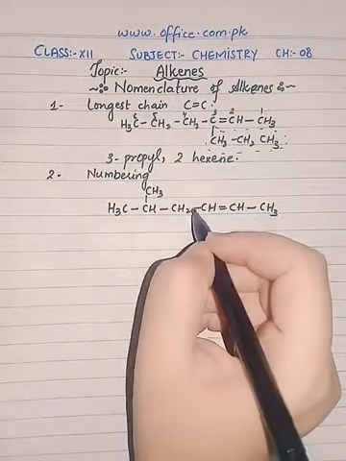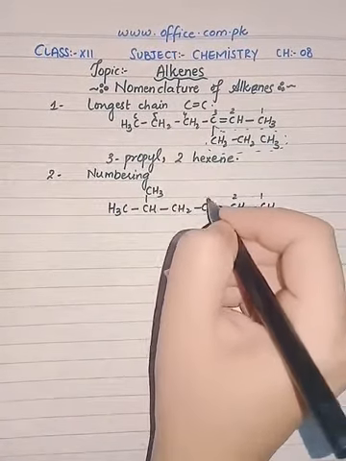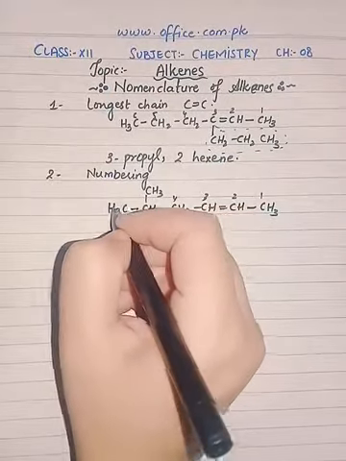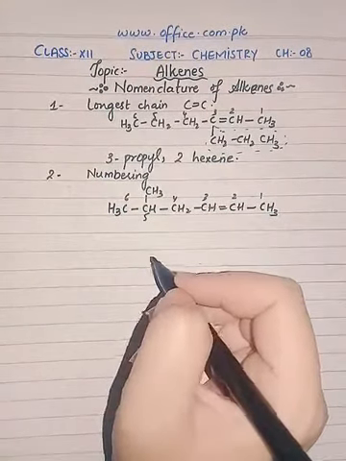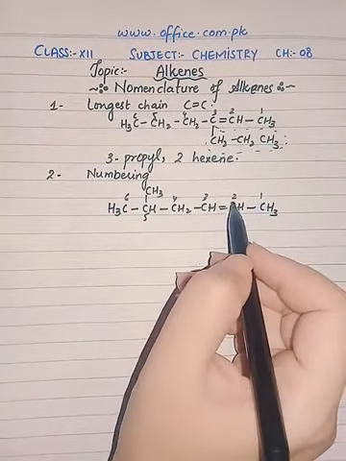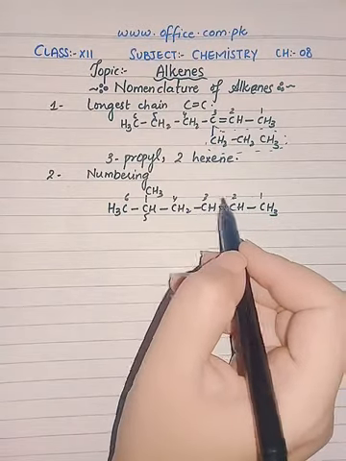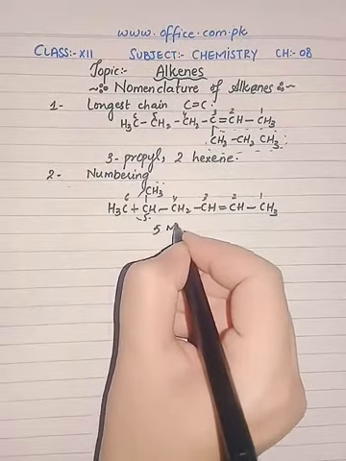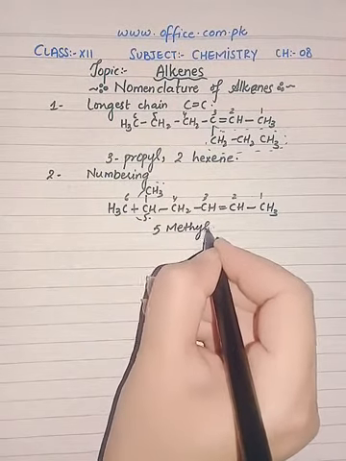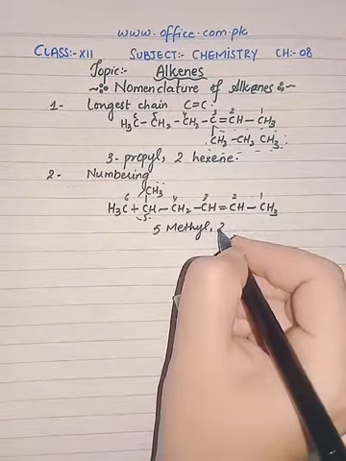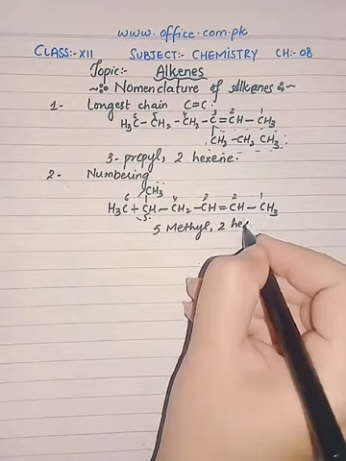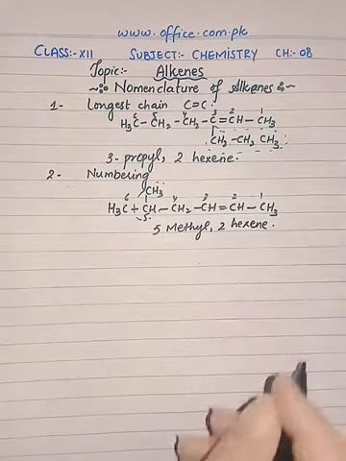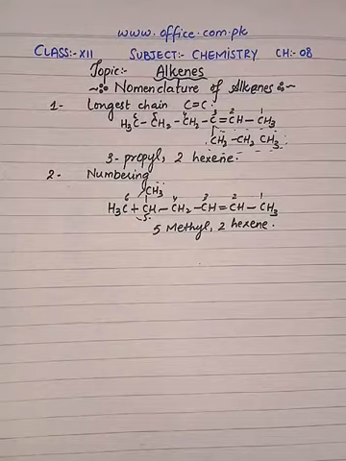You will start numbering from here. Six. It will be 5 methyl 2 hexene. So it will be 5 methyl 2 hexene.